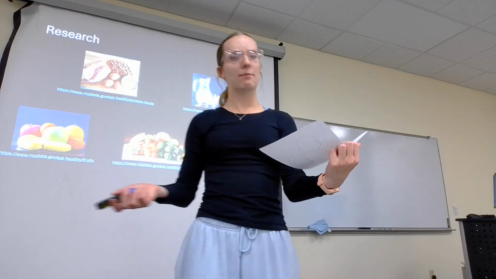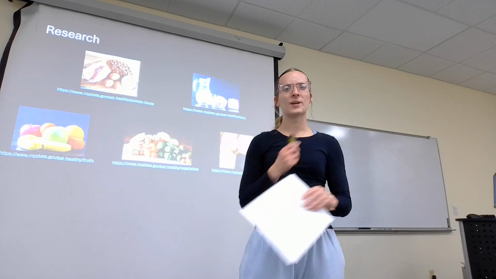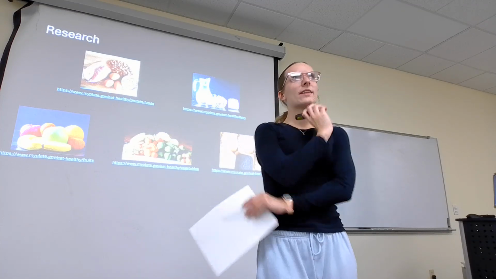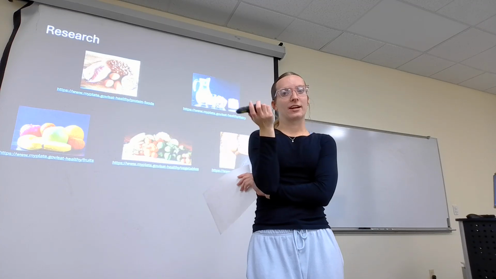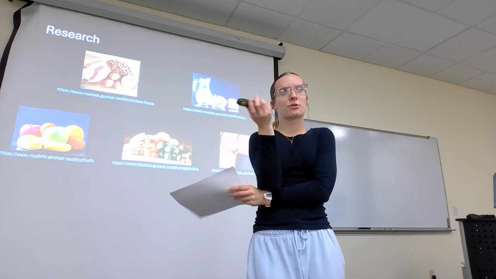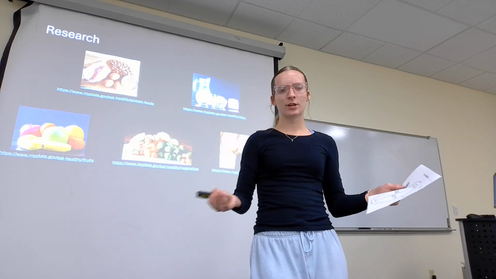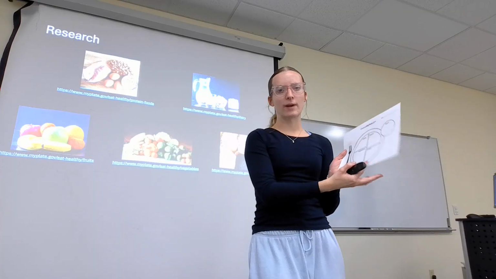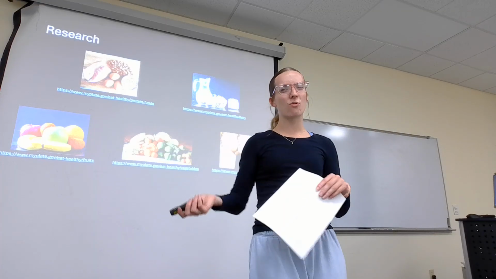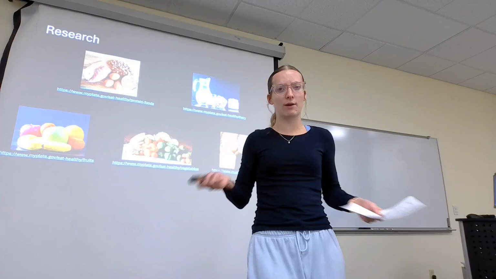If you're going through the MyPlate sheet and you're like, ooh, for fruits, I really like apples or I really like bananas, I could see myself having apples or bananas almost every day, then write that down. Do that for each of the food groups. Write down some things that you see that you really like, or that sound really good. I want to try some of that.